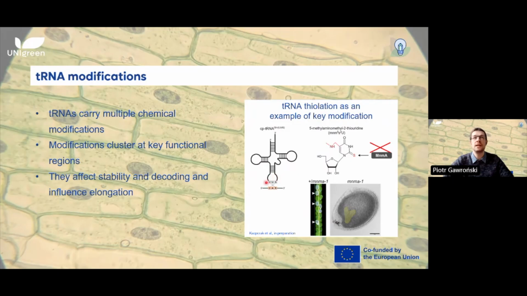Inactivation of the enzyme that introduces this modification, called MnmA, leads to embryo lethality in Arabidopsis, showing that the modifications of chloroplast tRNAs are crucial for the proper growth and development of plants.